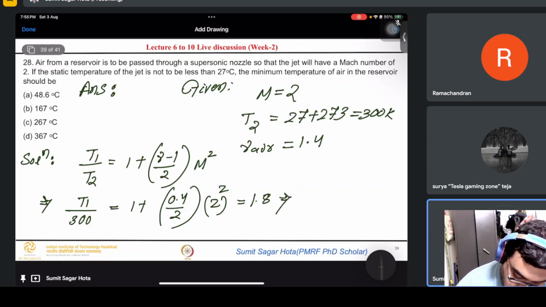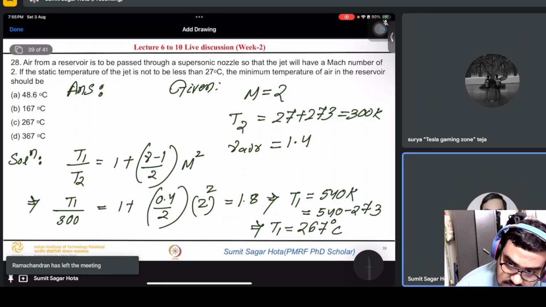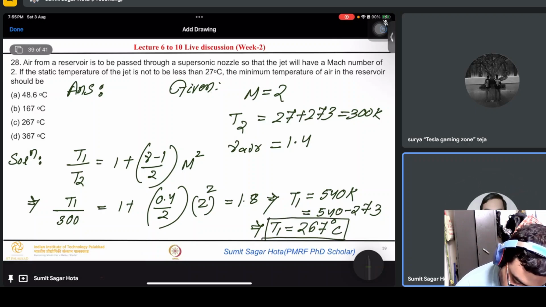So what is your T1? 540 Kelvin. Convert it into degree Celsius, 267 degree Celsius, which is your option C.